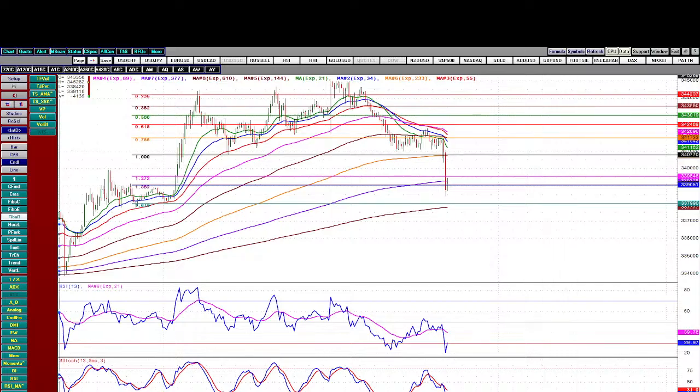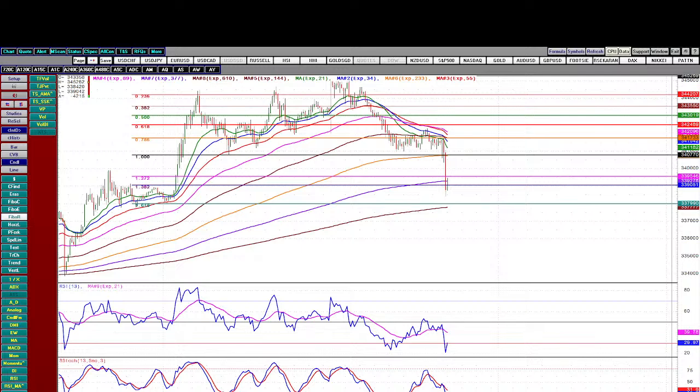TP we should exit before 3408. Let me check on my system. If you buy at 3380, we should be exiting at 3393 and 3404.